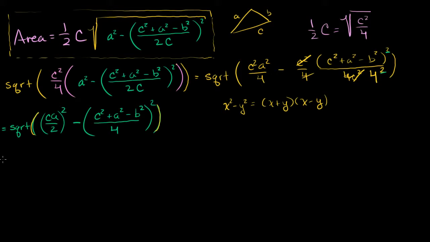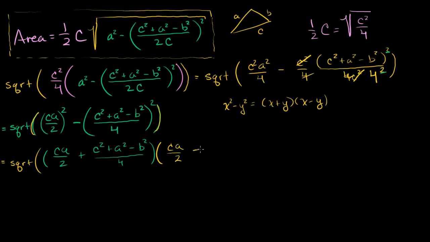So this whole thing is going to be equal to the square root of x plus y, or in this case it's ca over 2 plus the y, which is c squared plus a squared minus b squared over 4, times x minus y. So this is our x, ca over 2 minus all of this business over here.